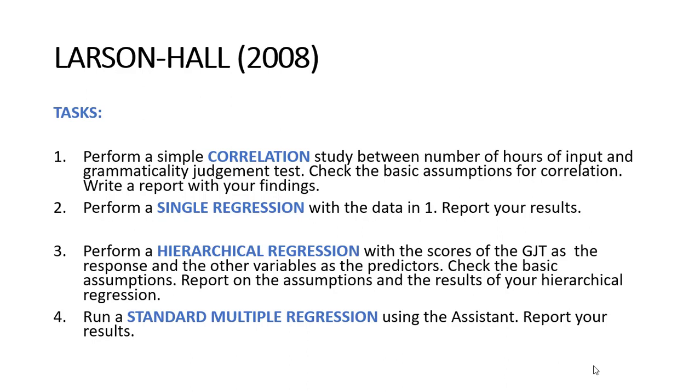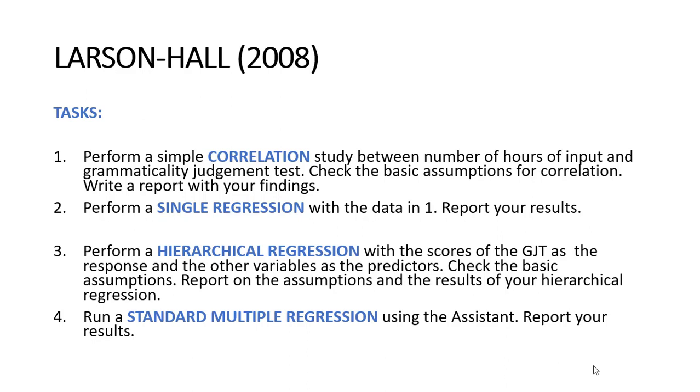Then for the following week, I would recommend the second part, which is perform a hierarchical regression with the scores of the grammaticality judgment test as the response and the other variables as the predictors. Check the basic assumptions and then report the assumptions and the results of your hierarchical regression.